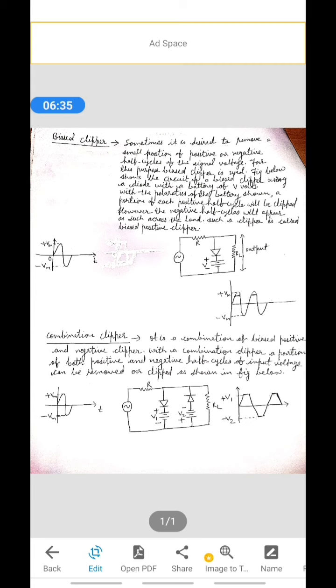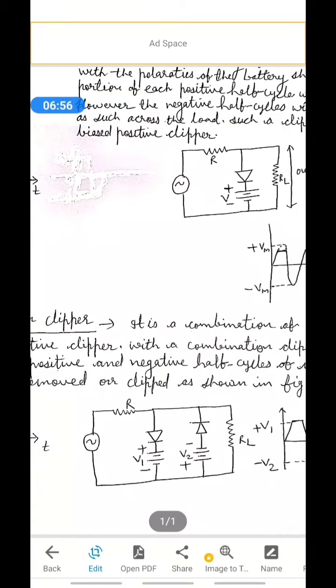When positive input voltage is greater than plus V1, diode D1 conducts heavily while diode D2 remains reverse biased. It is clear in the diagram.